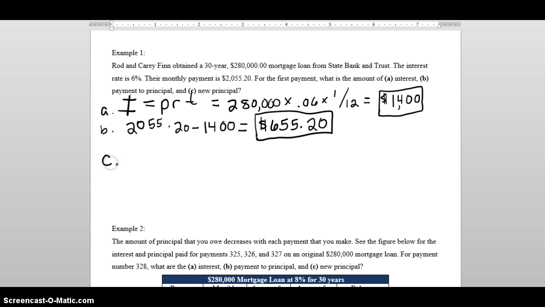For Part C, finding the new principal, we're going to go back to the previous balance. Since this is the first payment, our previous balance is $280,000.